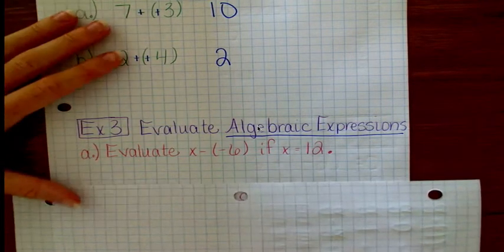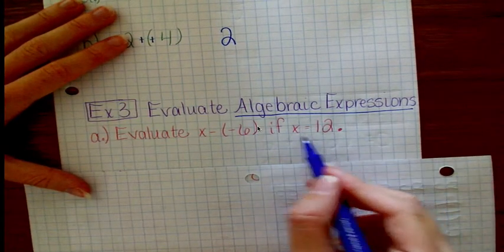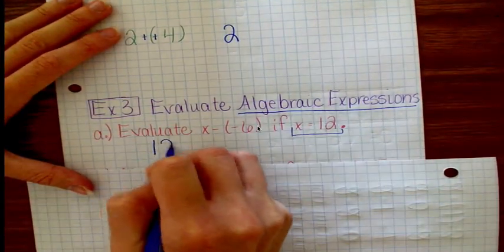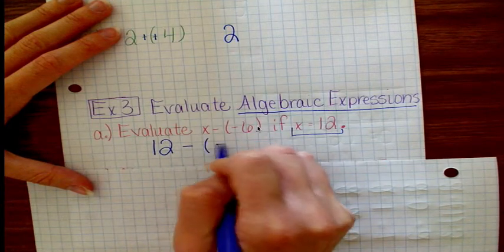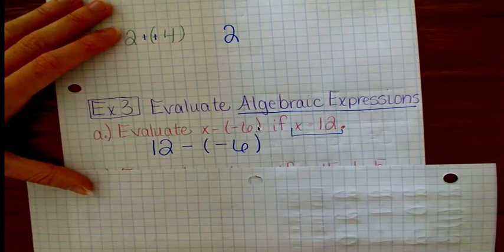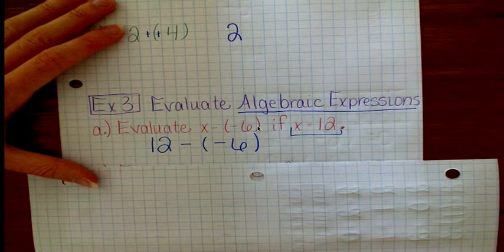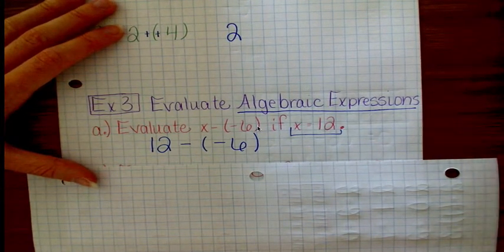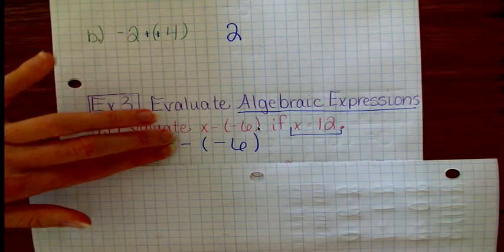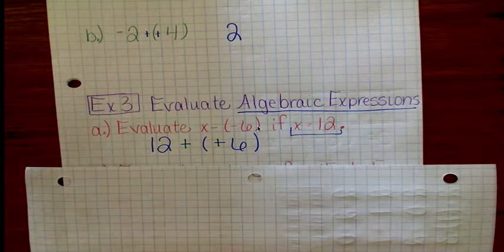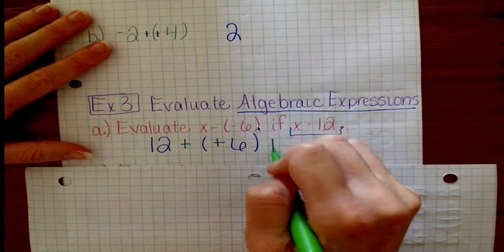First thing I need to do is plug in x equals 12. 12 minus -6. Do expressions have equal signs? No, they don't. I'm going to add 2 lines, cover up the first integer. 2 lines. 12 plus 6 is 18. Good.